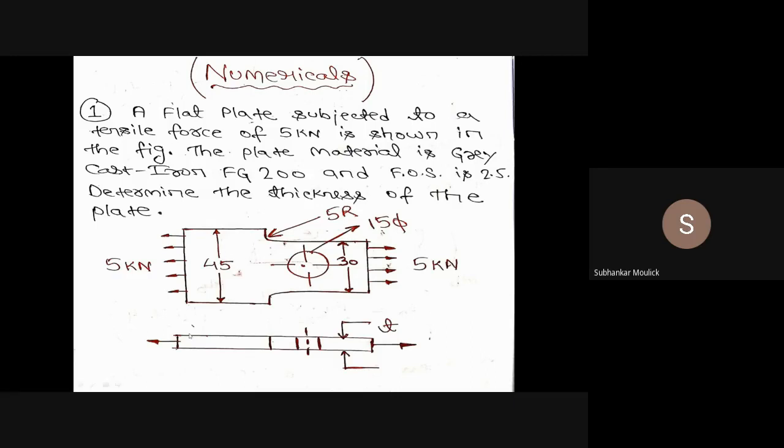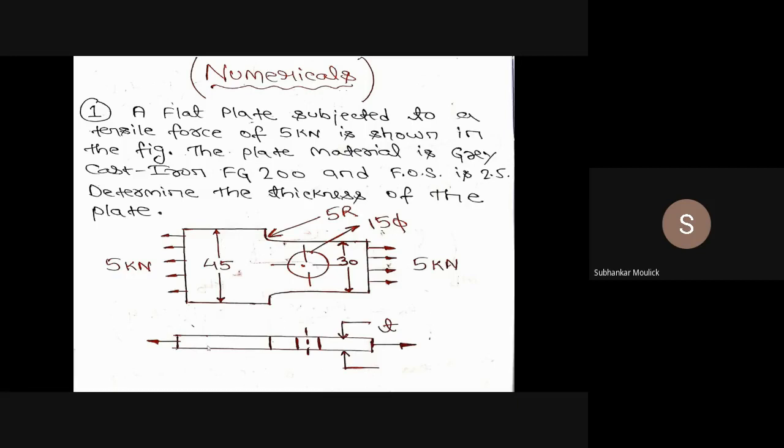First you have to calculate the maximum stress for this fillet cross section. Secondly, you have to calculate the maximum stress for this hole cross section, because these are the two cross sections where abrupt change in the cross section is occurring, and since the abrupt change is happening, the stress will be concentrated at these two points.